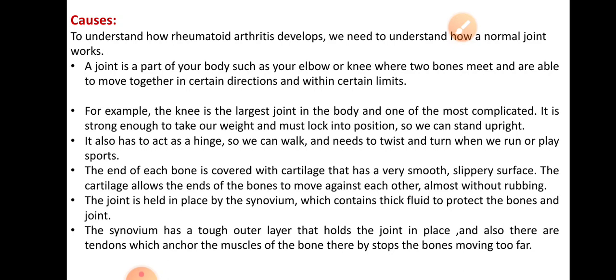The synovium has a tough outer layer that holds the joint in place, and there are also tendons which anchor the muscles to the bone, thereby stopping the bone moving too far. So this is the description of a healthy joint.